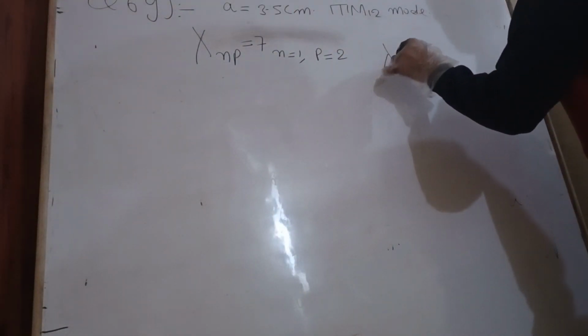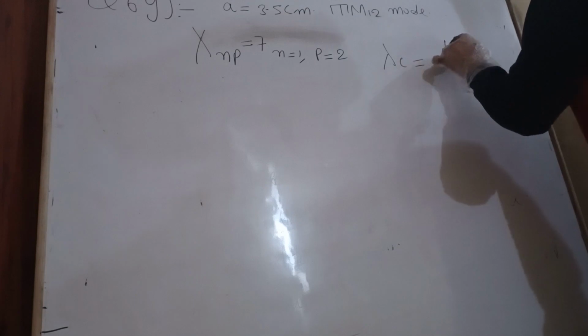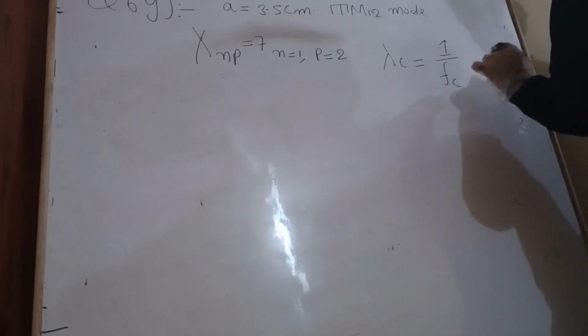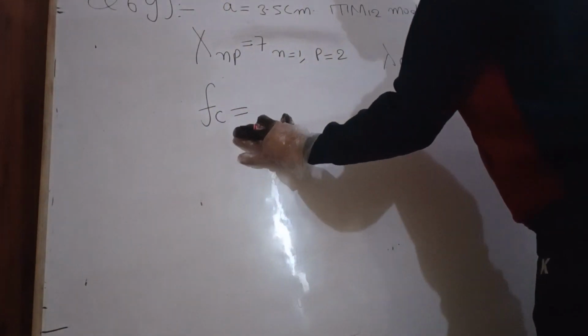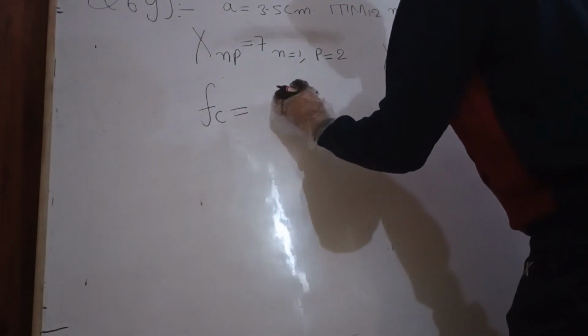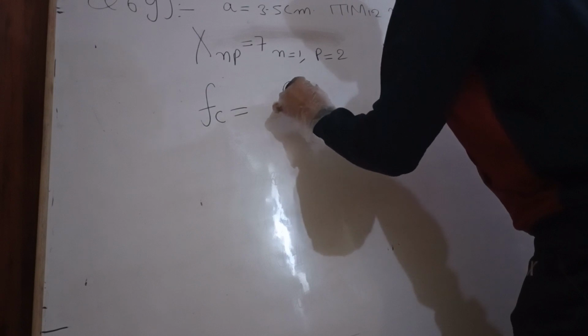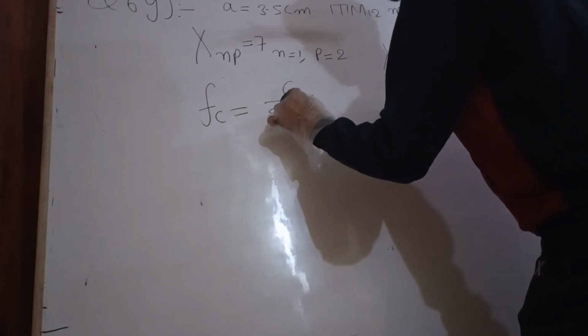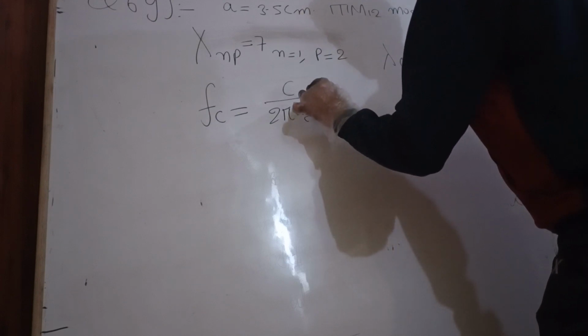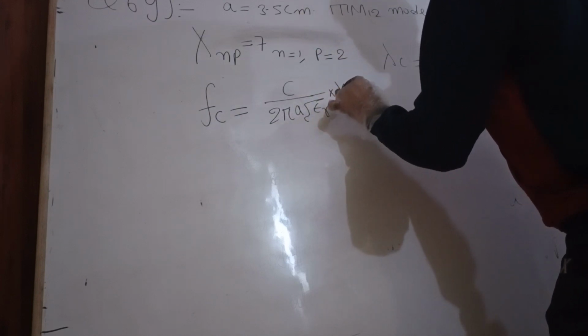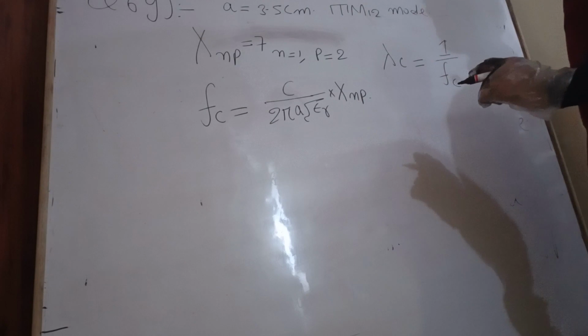As we know very well, cutoff wavelength lambda c is equal to c by fc, where the cutoff frequency fc is equal to c by 2 pi a square root of epsilon r, multiplied by x_np.